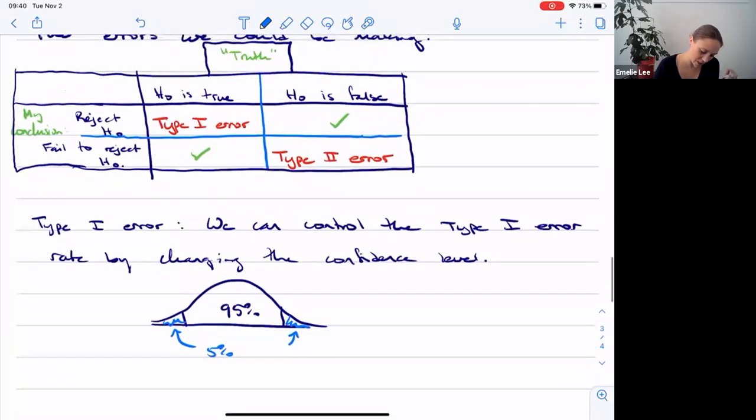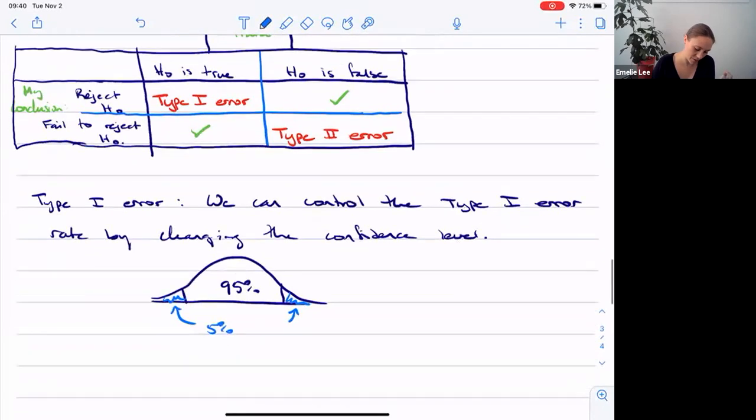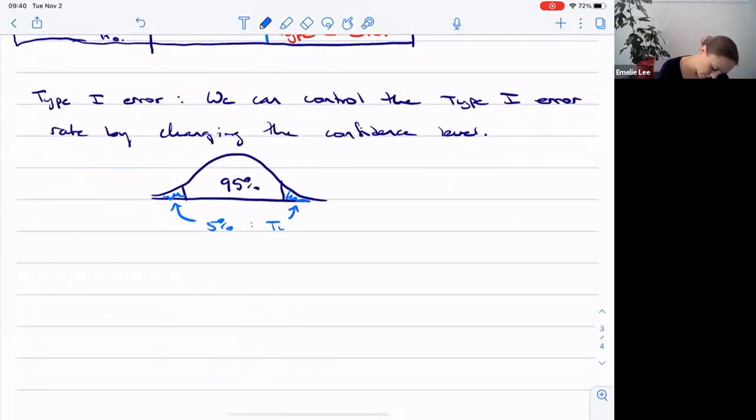So 5% chance that I'm going to reject H naught when it's actually true. And so there's a 5% chance of making a type 1 error. So the 5% is the type 1 error rate.